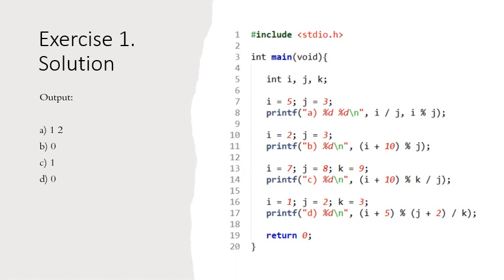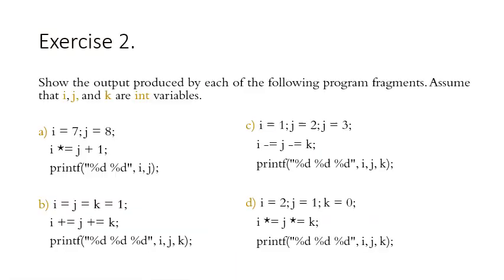Now, following your associativity rules, which group from left to right, we have to perform 6 remainder 4 divided by 3. So 6 remainder 4, we have 2. 2 divided by your k, which is 3, will be equal to 0, since we are dealing with integers.